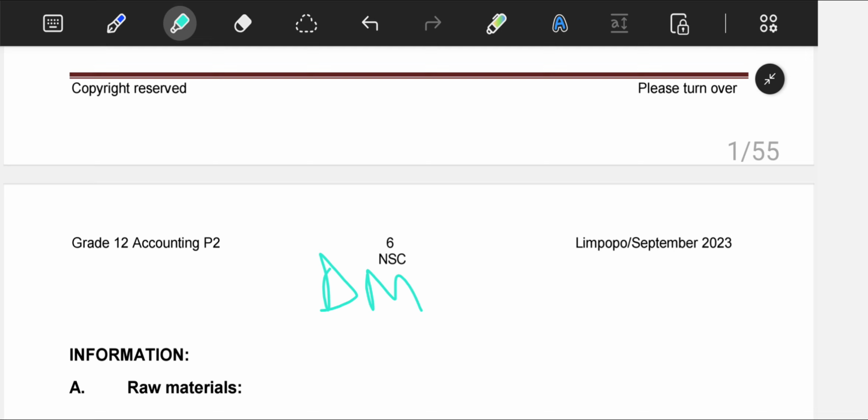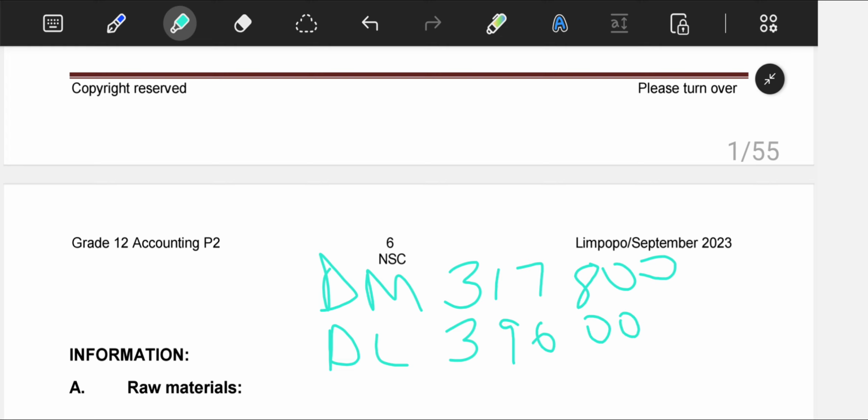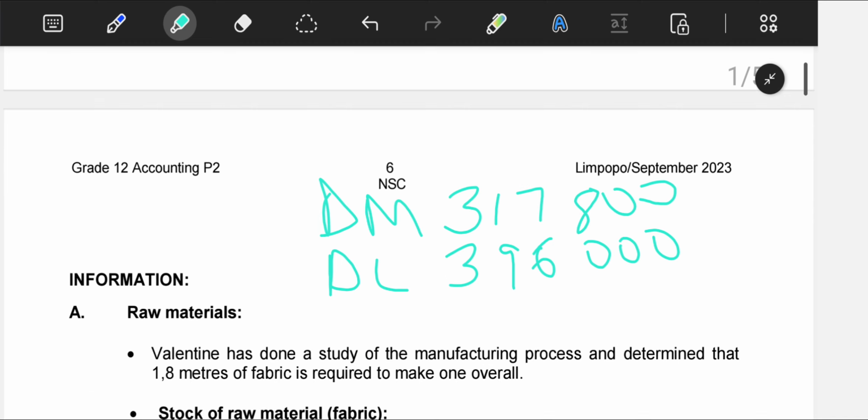Our direct material was calculated as, how much was it? It was 317,800. And now we have just calculated the direct labor. We calculated it to be 396,000. Now we need our factory overheads.